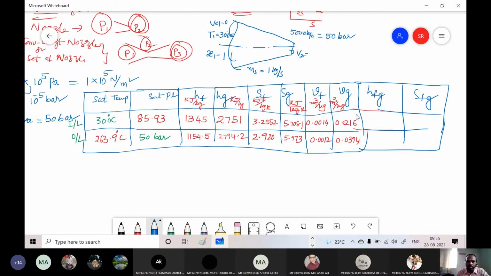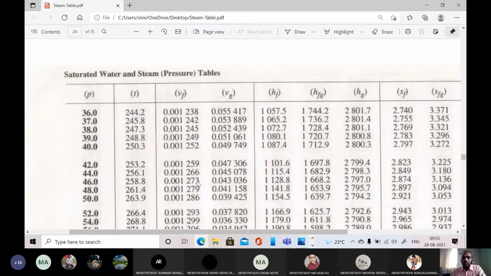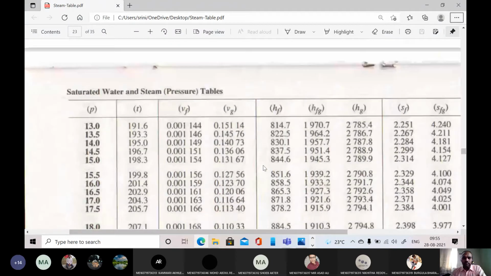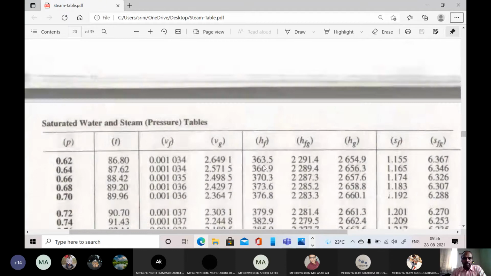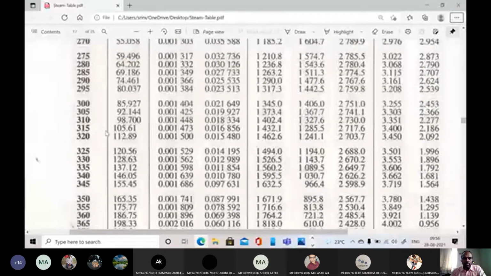The same table, the same line, will give it. Latent heat, HFG, and SFG, both at 300.